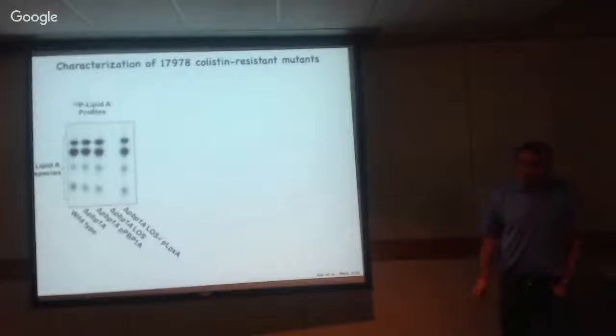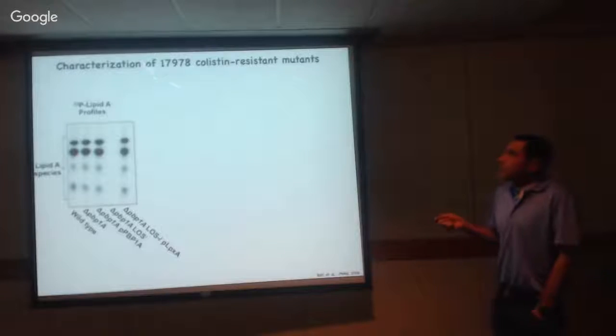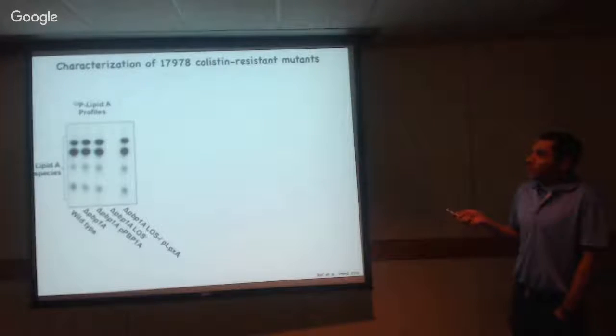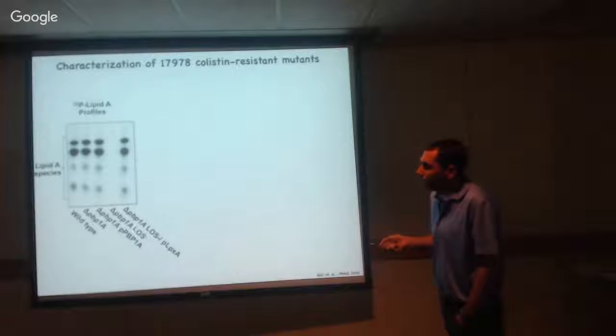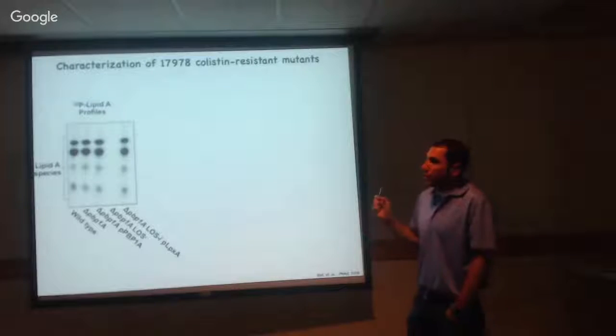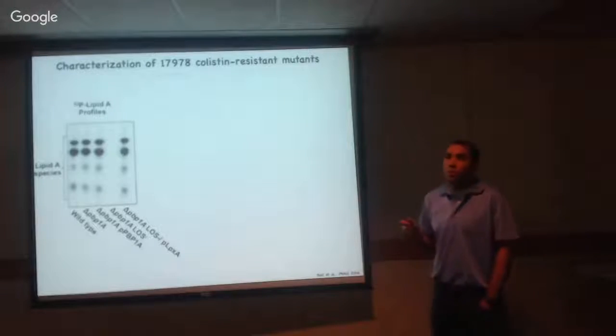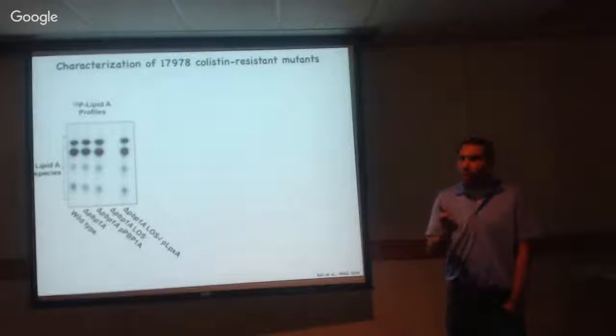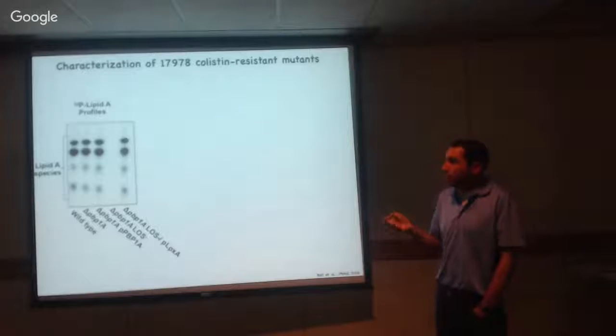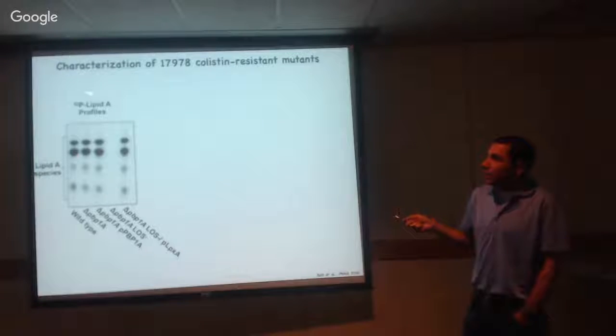Okay, so just to verify that these 17978 transposon mutants did not have LOS, I took either a wild-type strain or LOS-deficient mutant, and we grew these in the presence of radiolabeled P32. The P32 gets incorporated into the lipid A at the phosphate sites. We then isolate the lipid A, run it on a TLC plate, and separate these lipids.